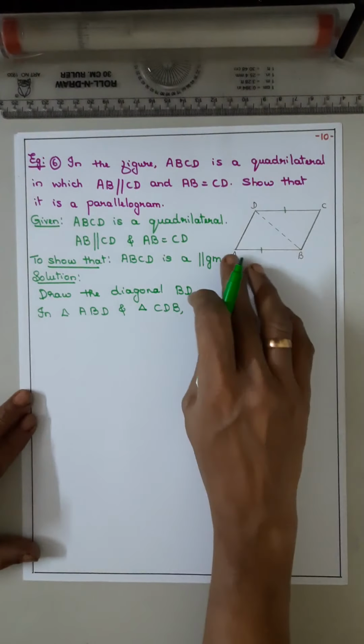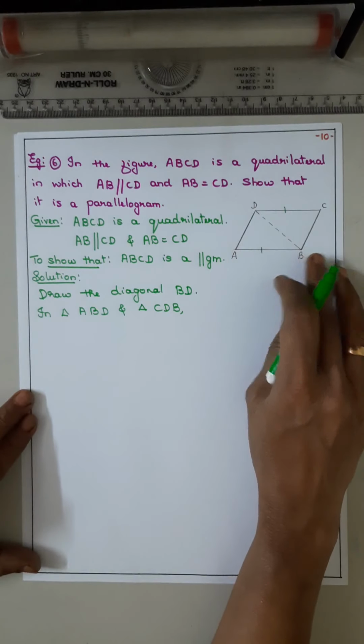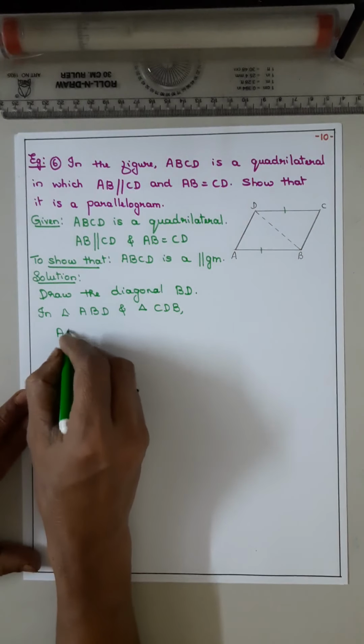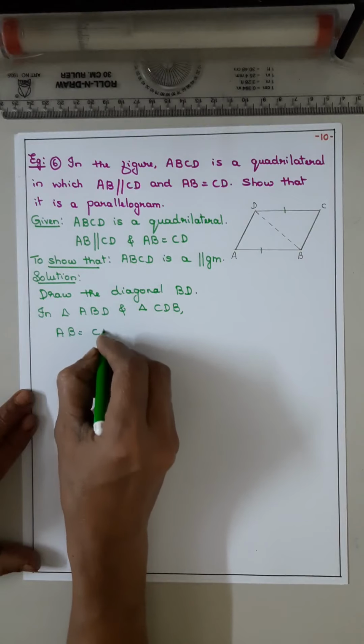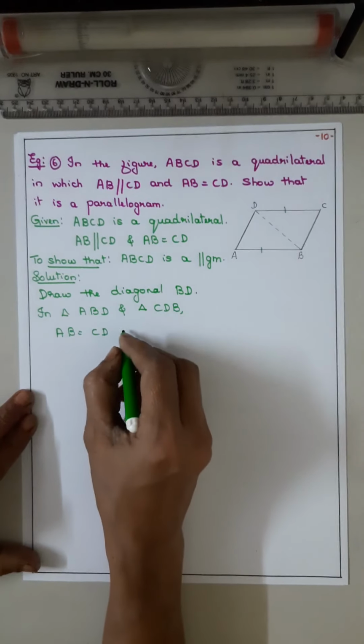So in angle ABD and CDB, AB is equal to CD. It is already given.